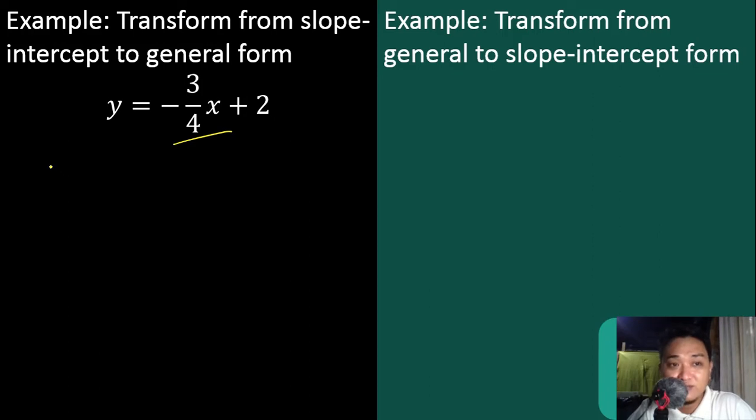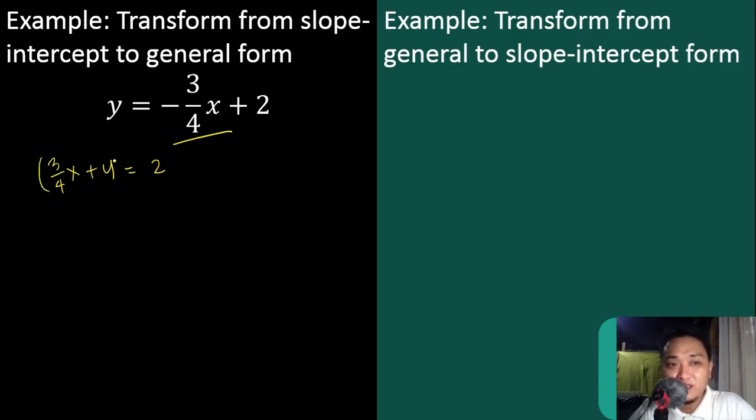That will become 3/4 x plus y is equivalent to 2. Now, we want to remove this, or we want to change this fractional form. We can multiply both sides by 4.